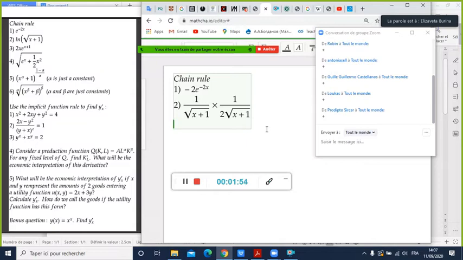Okay, cool, thank you. Moving on, and then this is a product, right? So we are supposed to use both product rule and chain rule, though not so much of a chain rule. We have first part that is 2x, and the second part that is e to the power of x plus 1.